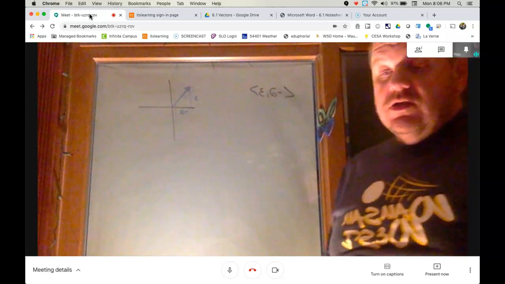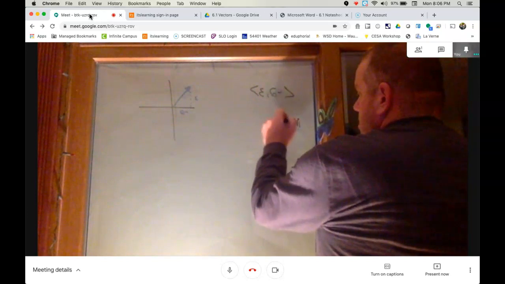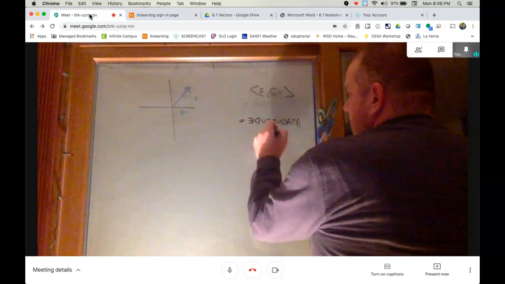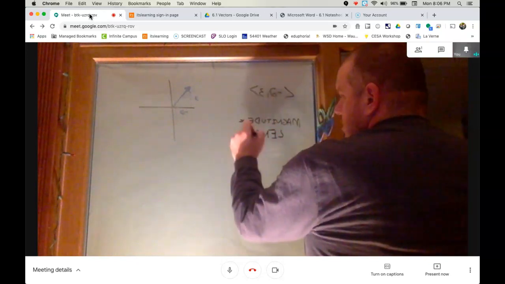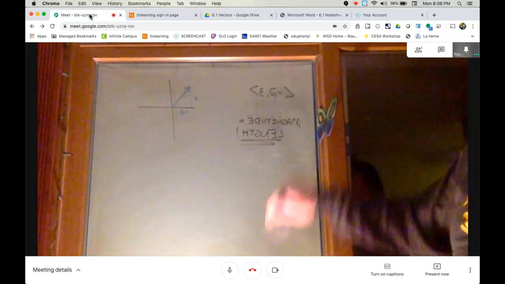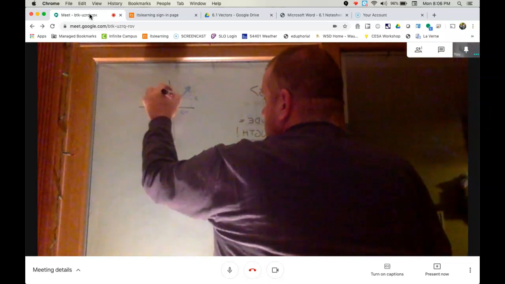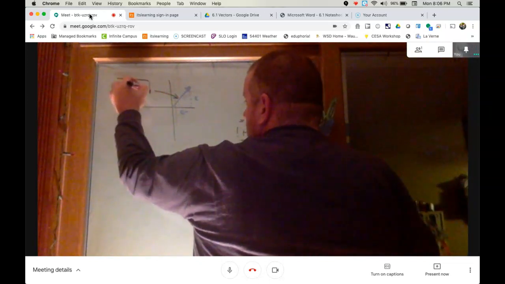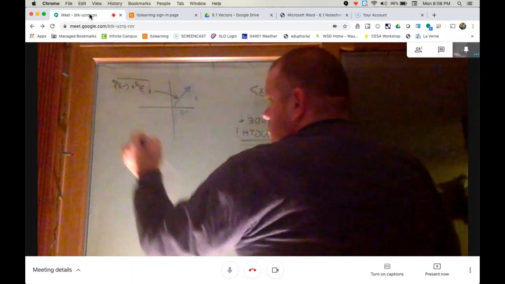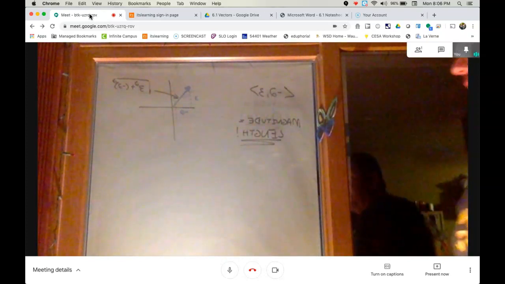Now the magnitude of a vector is the vector's length. If we think about this as a right triangle, I would think about this as the square root of 3 squared plus -2 squared, and I would write that in simplified radical form.